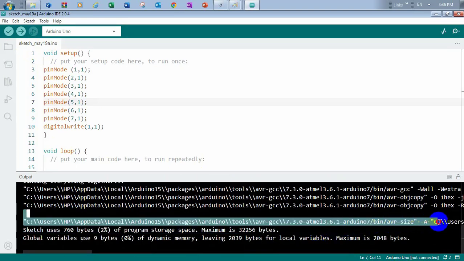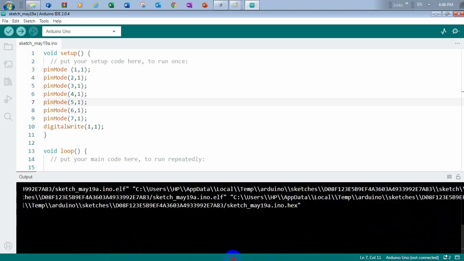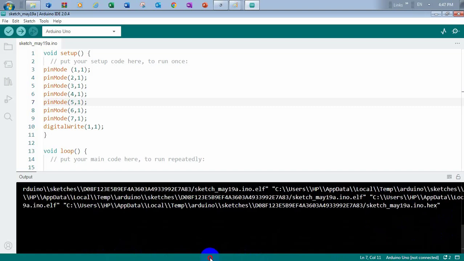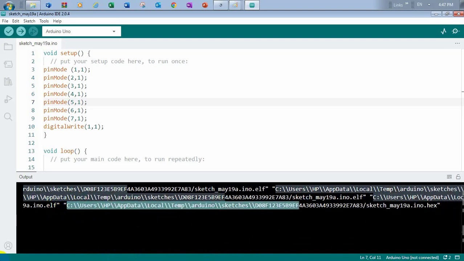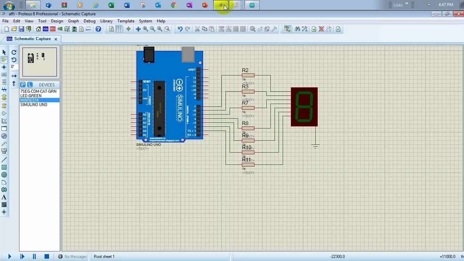We select this file and we copy it, and we go to the simulation software, and we click here on this microcontroller and on this IC, and we paste here. And we click OK.